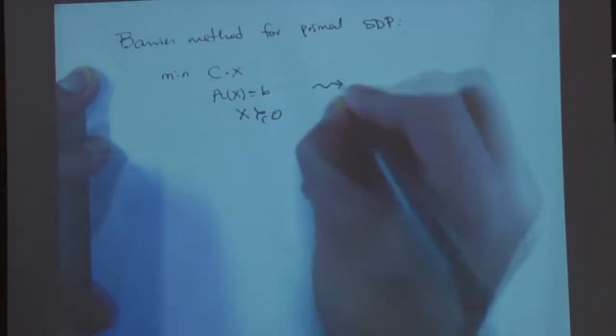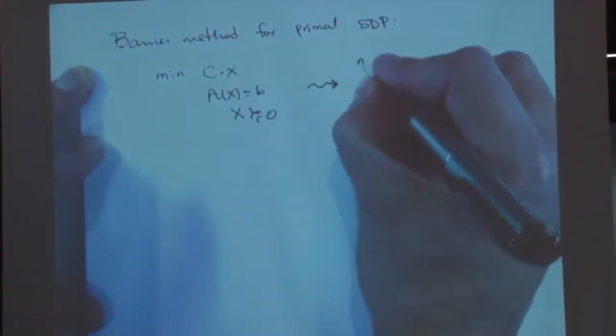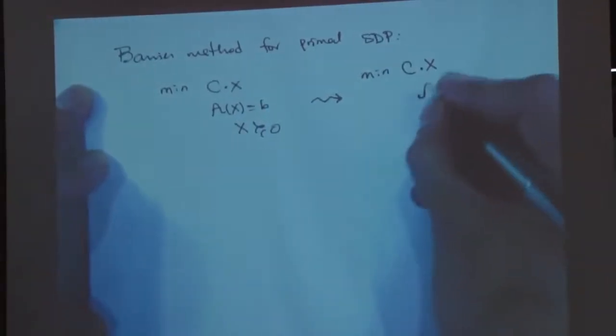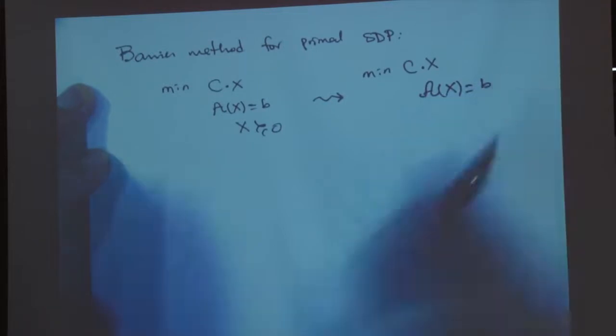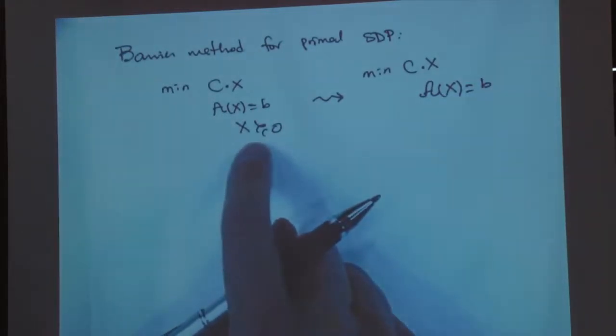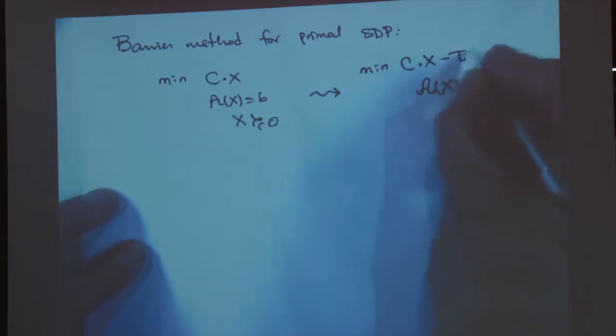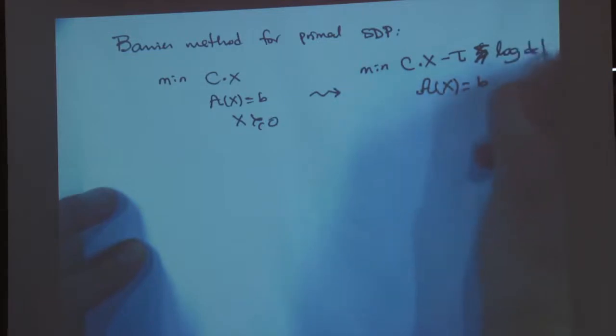So then we approximate that with, we replace, this is the difficult part, the inequality constraint. So we replace this with a barrier function. So the barrier function is this function, a tau log of the determinant of x.